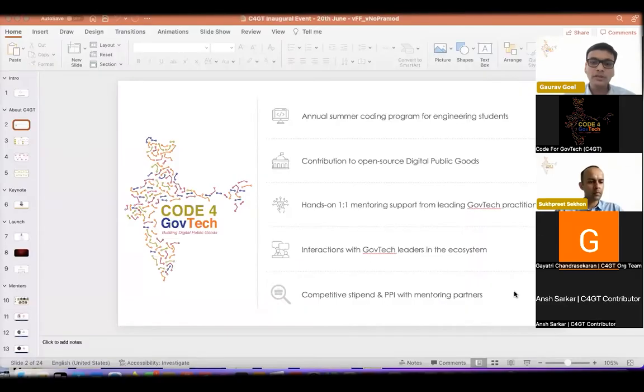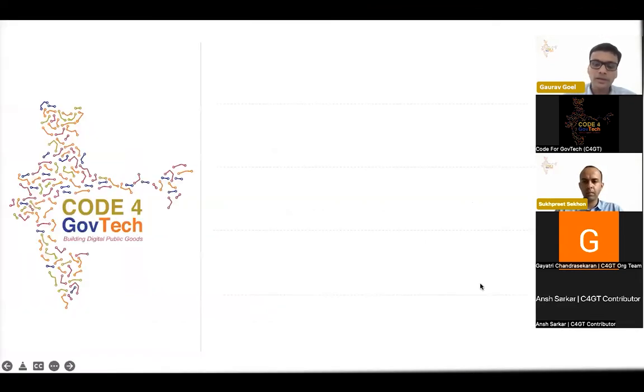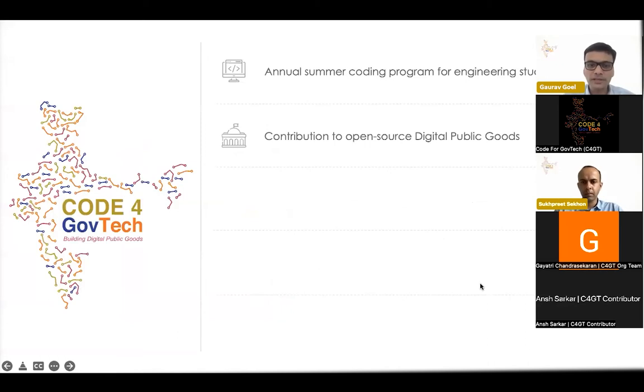Over the last few years, a community of practitioners and organizations has emerged who are working on open source DPGs, or digital public goods. A lot of those practitioners, as part of Code for GovTech every year, would select specific projects that engineering students can contribute towards by actual hands-on coding, and they'll give these as potential Code for GovTech projects.